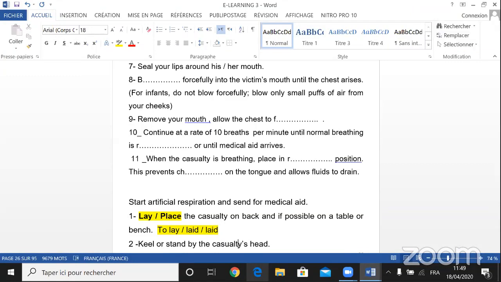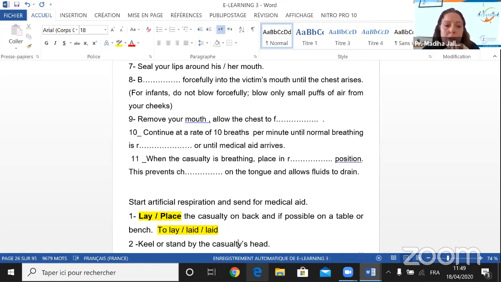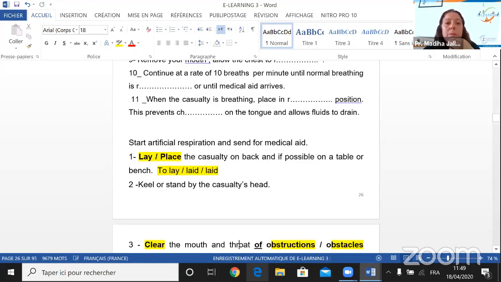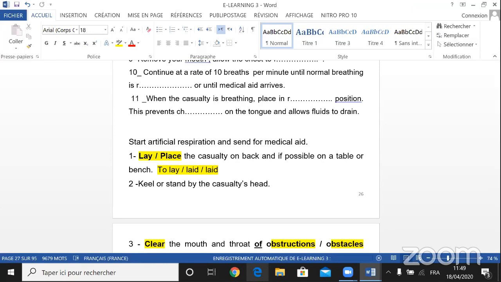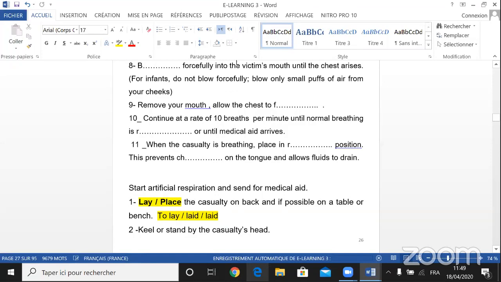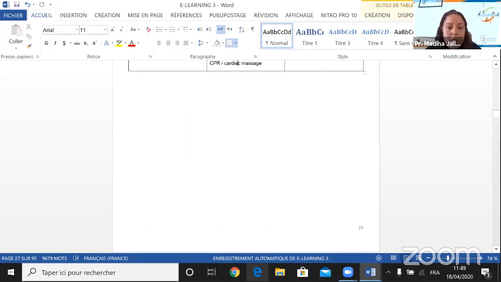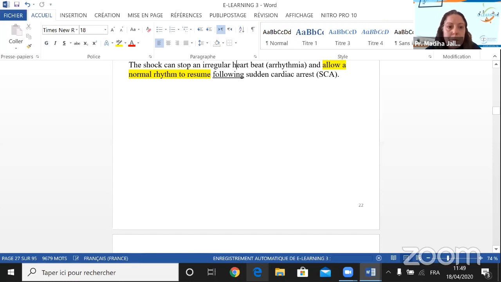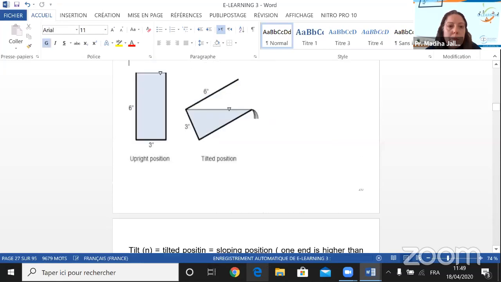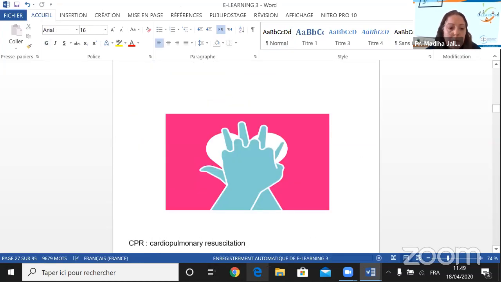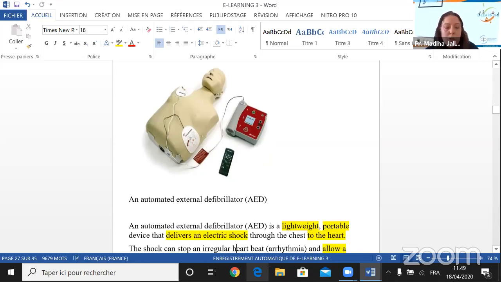When the casualty is breathing, hopefully, place in which position? Recovery. Okay, let's remind you of this position. What is it? Yeah, this position, recovery position.